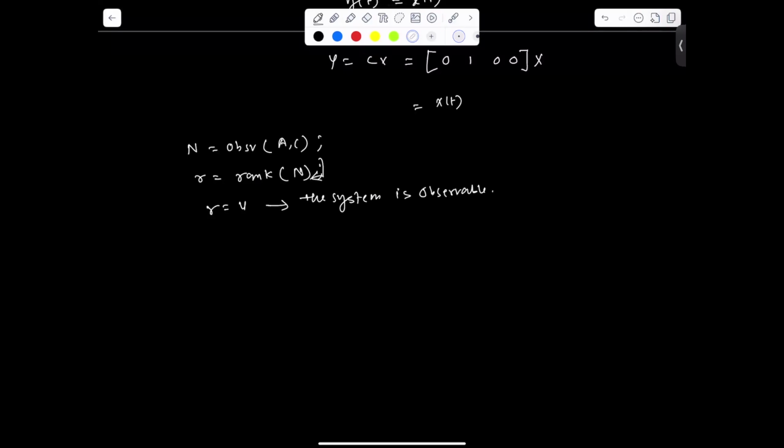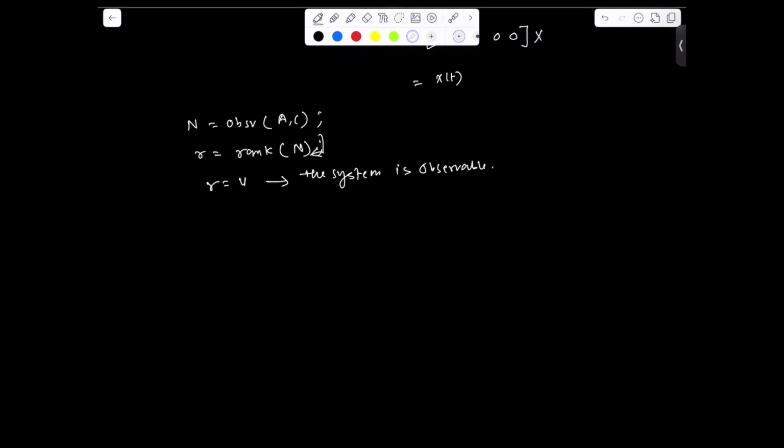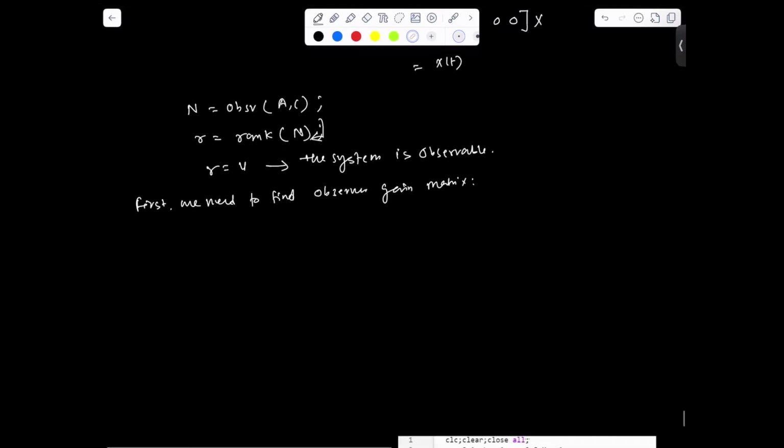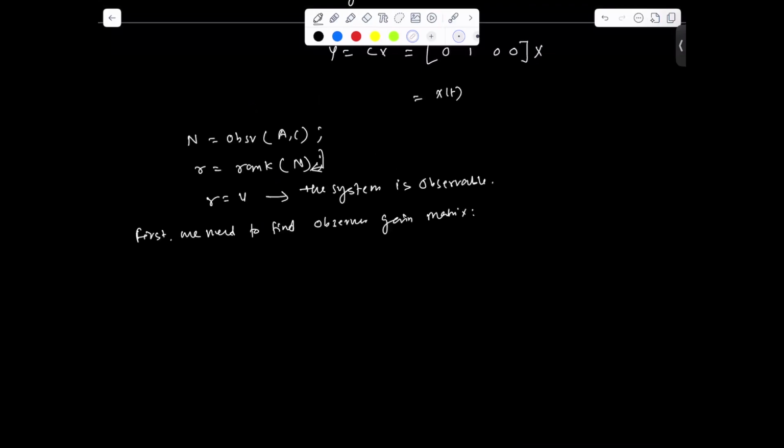So now we can proceed the same way as I have done before. Now design the observer. For that, first we need to find the observer gain matrix, right?